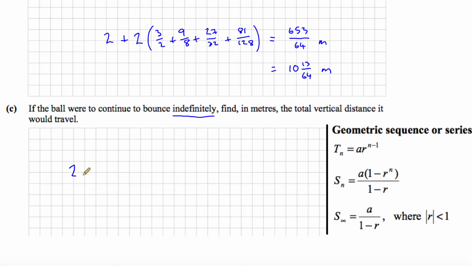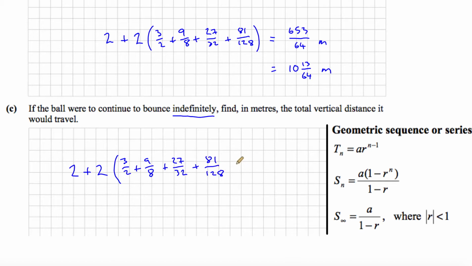So we've got 2, which was the initial height again, plus twice. This time we've got the 3/2, the 9/8, the 27/32, 81/128.